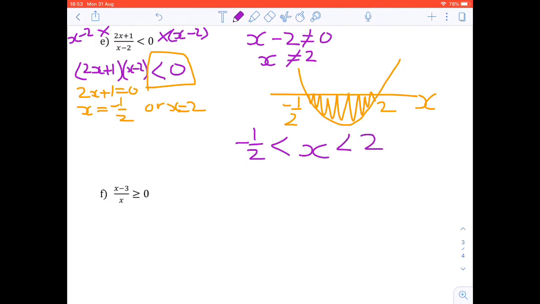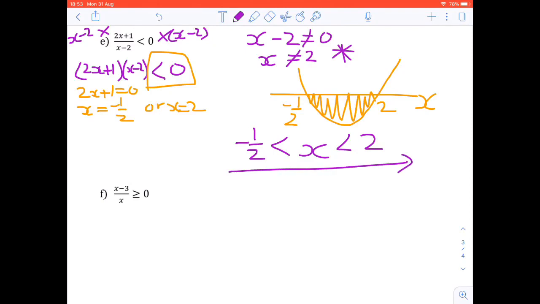And now we've got to check that our restriction over here still is included in this. And it is, because it's less than 2 over here, rather than less than or equal to 2. Okay, so that's that question done.